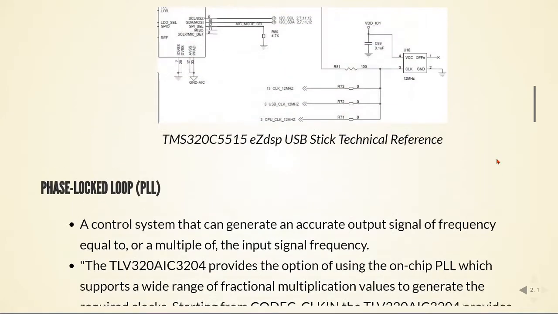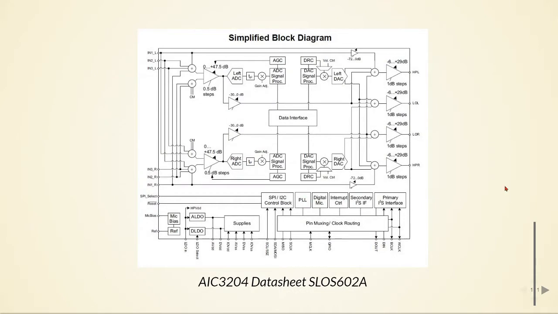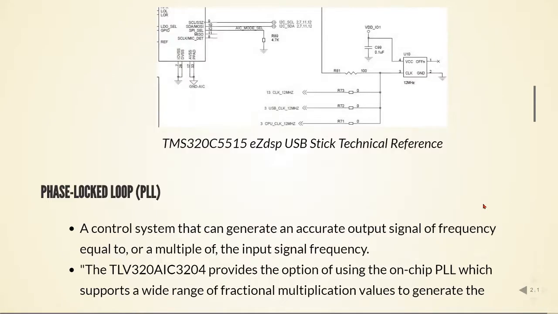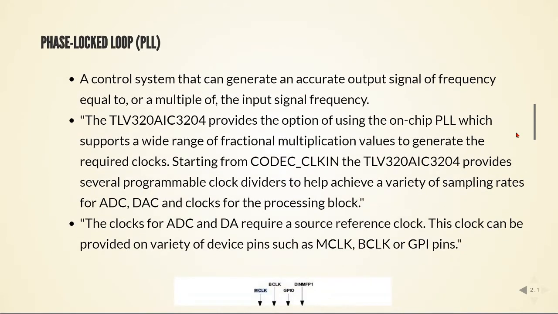For that, we've seen that there exists here an internal PLL. PLL is a phase locked loop. It's a control system that can generate an accurate output signal of frequency equal to or a multiple of the input signal frequency.